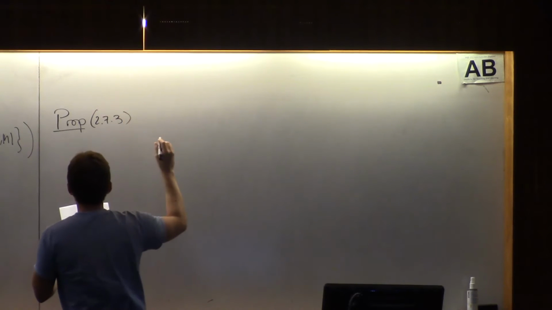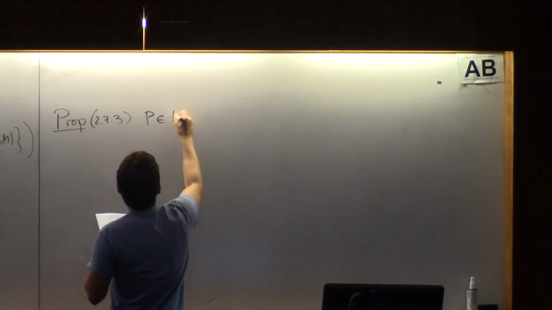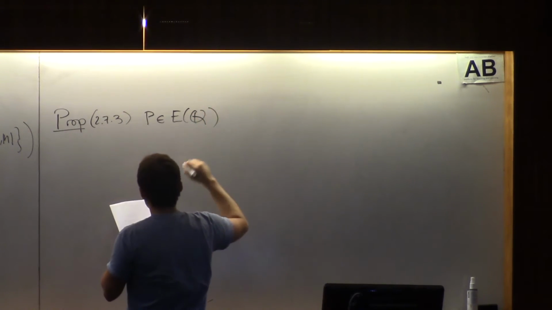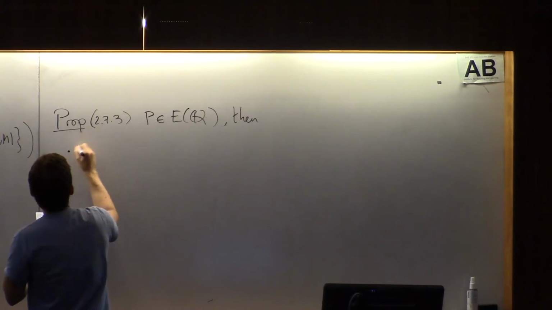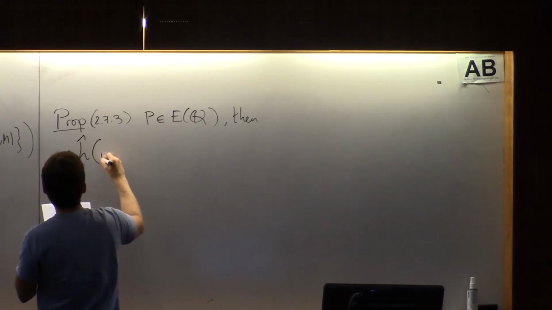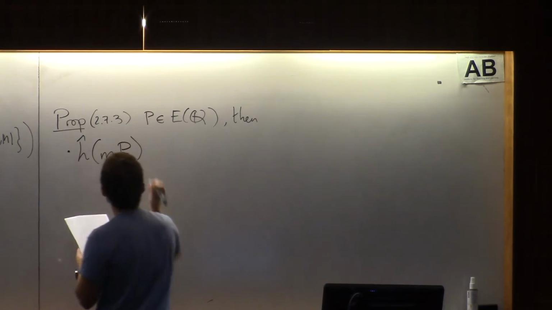These are listed in the book in 2.73. If you have a point on an elliptic curve, what happens if I do the height of m times P?